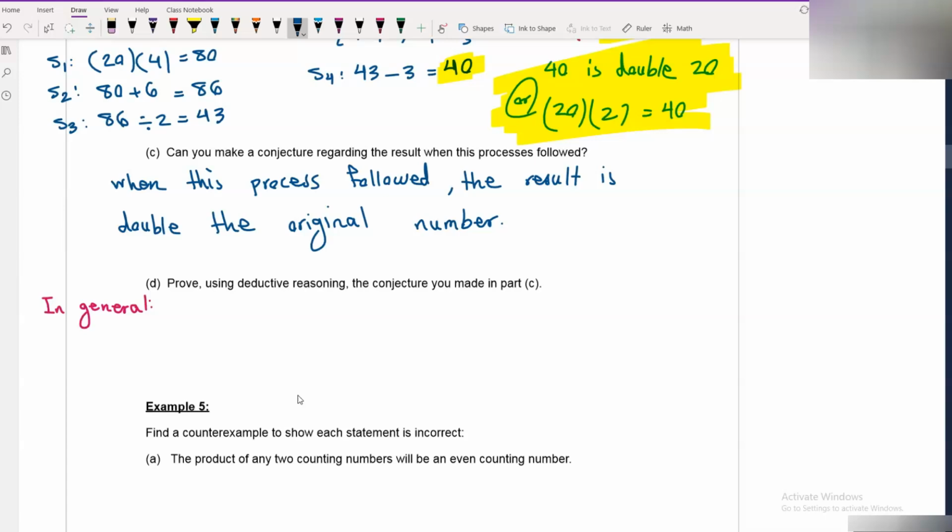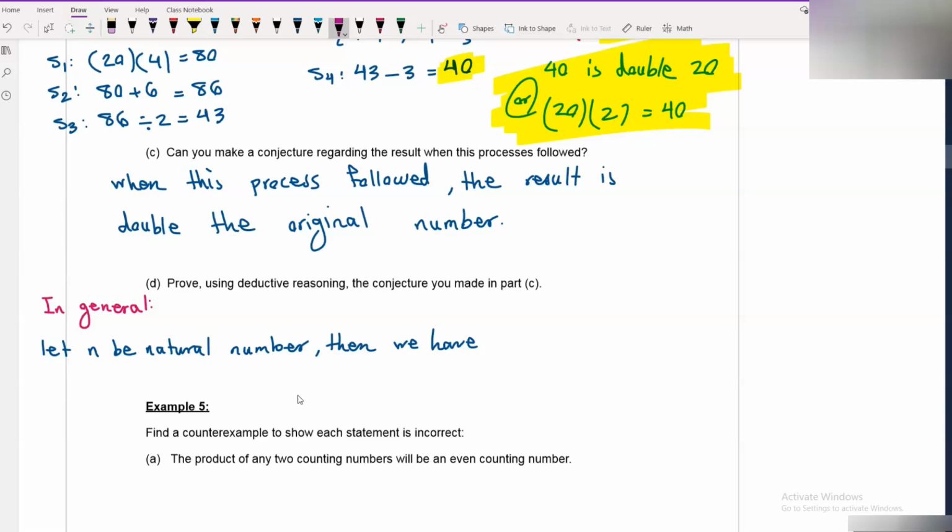Let n be a natural number. Now we have, I will use the column that was given.